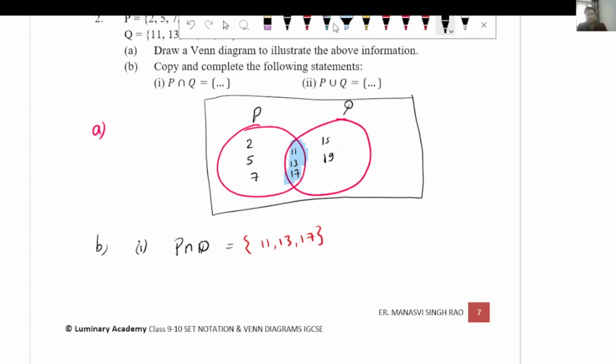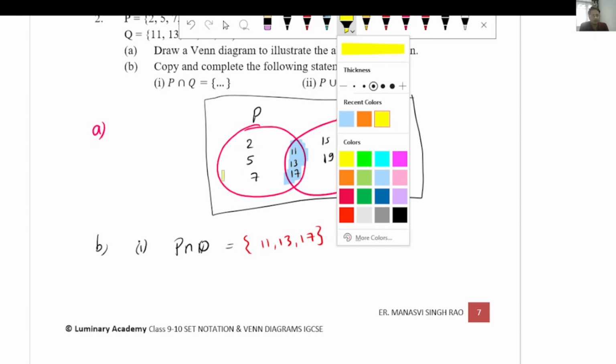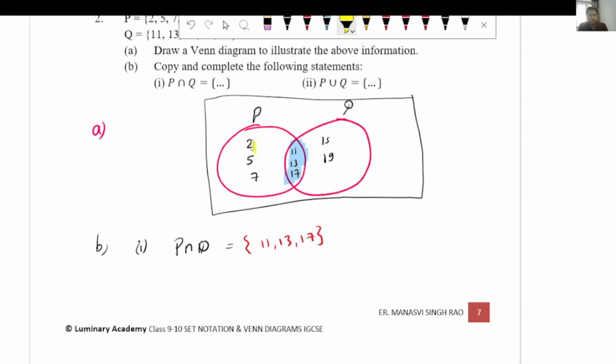In the second one, if you see, we have P union Q. So P union Q will be all the parts which are included in the two sets together, P union Q, but do not repeat the number, right?